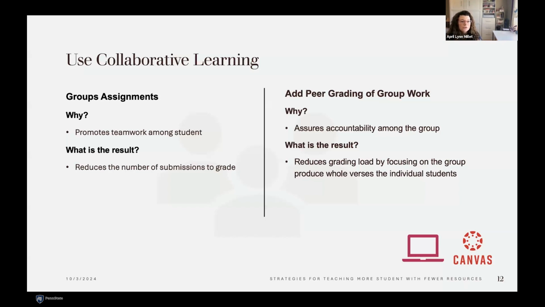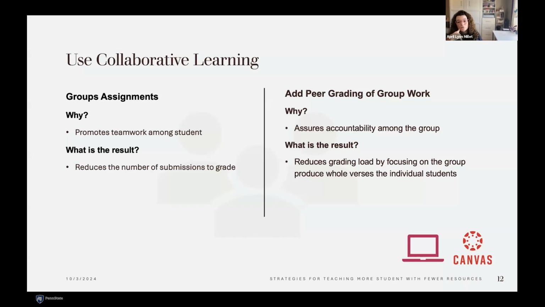And then if you pair group assessments with peer grading of group work, it further reduces that, because it allows the faculty member to really just focus on what the group produces as a whole versus having to grade individual students. So these two work very nicely together.